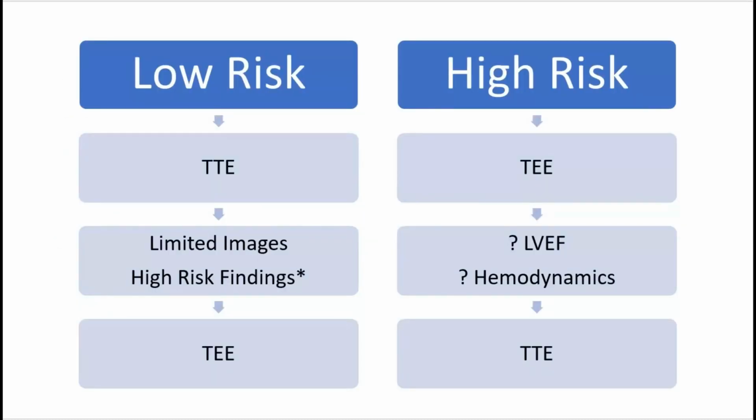If the patient is low risk, we start with a TTE, and if the images are limited or there are high-risk findings, which we'll talk about later, then there's an indication for TEE. But if the patient is high risk right off the bat, then we recommend starting with a TEE.